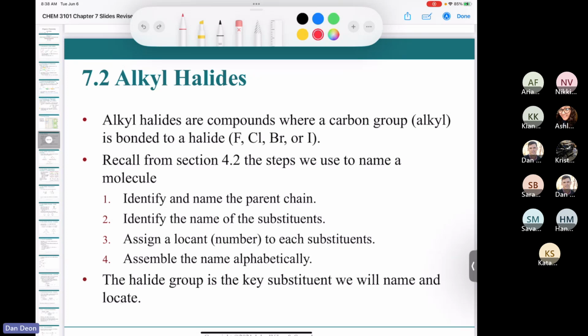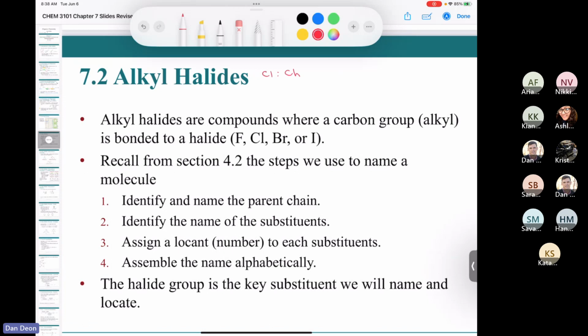The good news is this. If you remember how to name an alkane, and all your substituents like methyl, ethyl, propyl, isopropyl, butyl, tert-butyl, sec-butyl, isobutyl, they're all going to be back now. The only thing we're going to do now is use halogens as substituents sometimes. If you have a chlorine, that becomes a chloro substituent.